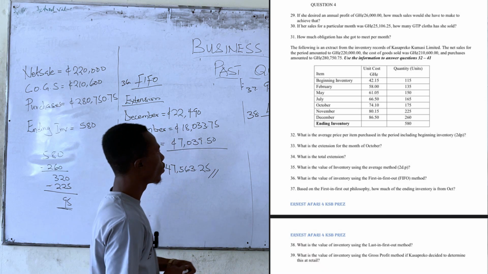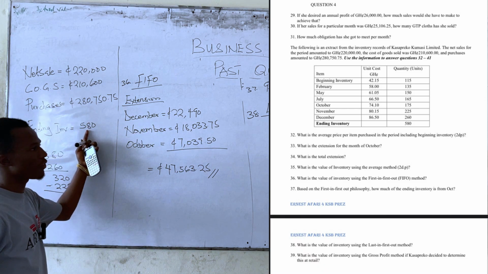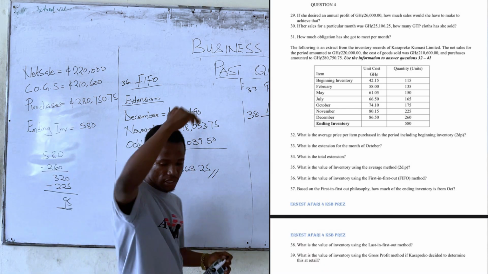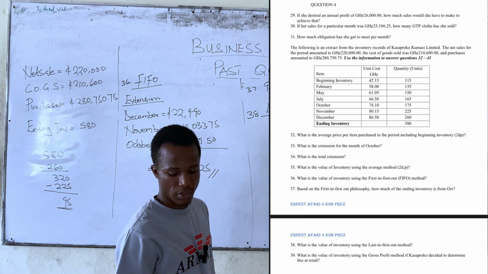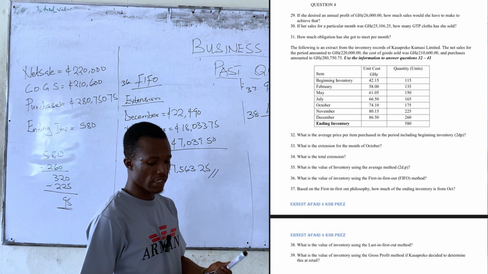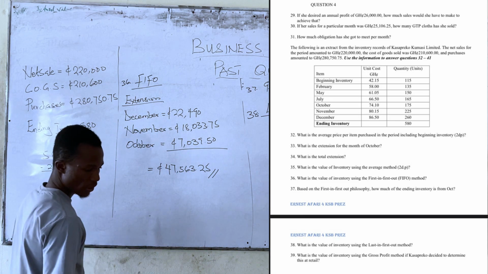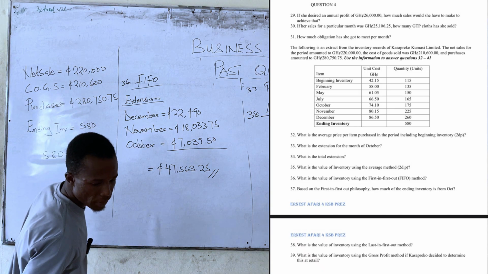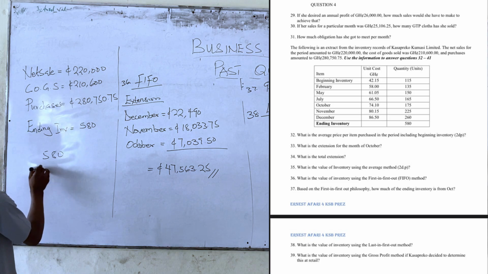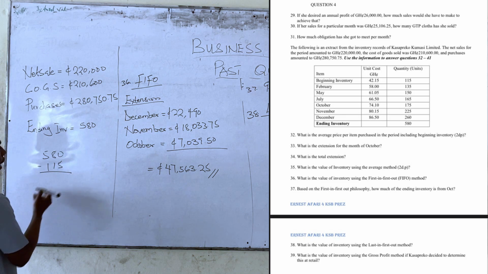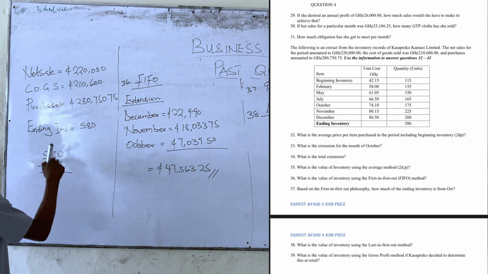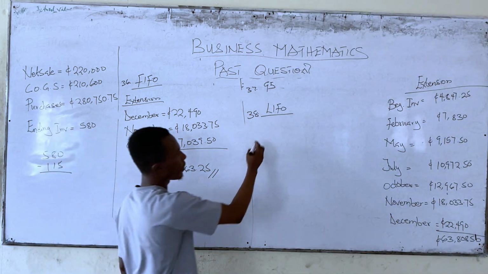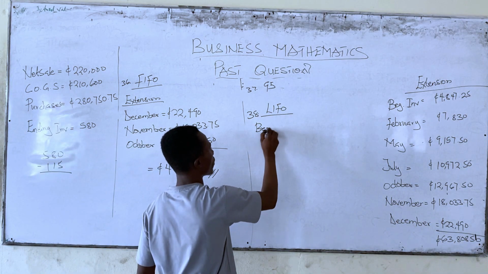So the ending inventory is 580, and we are going to start taking them out from the top. So we are starting from beginning inventory. Let me clean this one. Beginning inventory is 115. So we take 115 from here. And since the remaining is more than what we need, we will give the beginning inventory full extension, right?